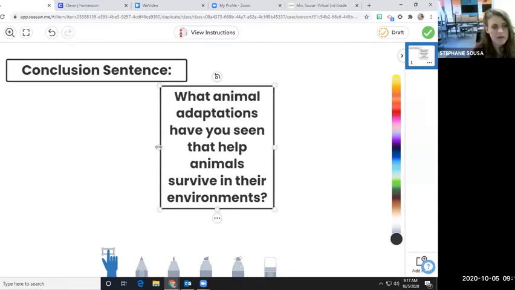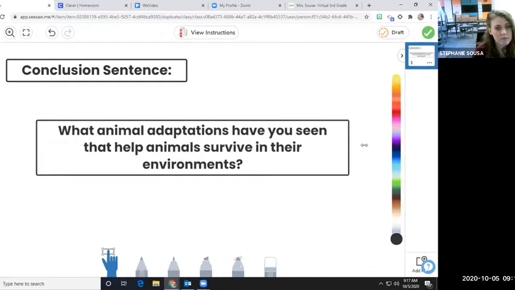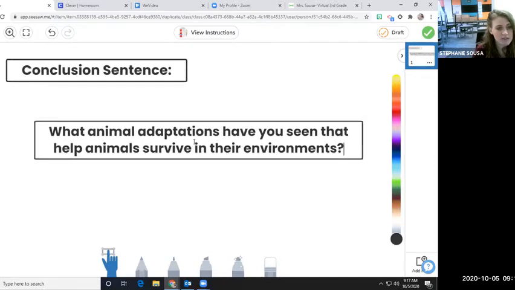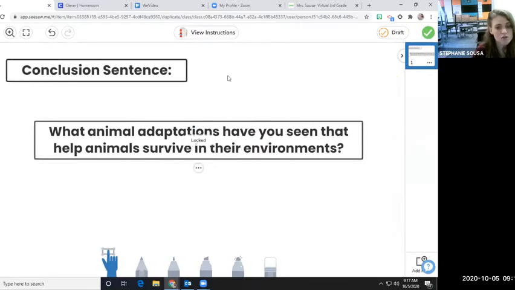So this is going to be my conclusion sentence because it's very similar to my introduction sentence, but I've changed it in a small way. Okay? So you are writing your conclusion sentence that matches the information you did last week. And remember, you can do that by writing a sentence, a question, or a command.